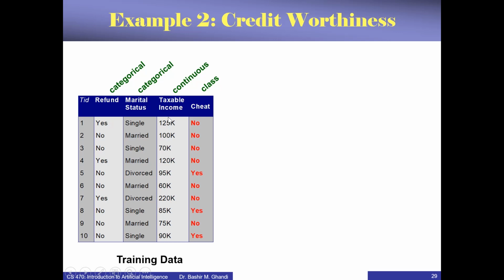So these are numeric values, as you can see. So the last attribute here is cheat, meaning this customer, is he a cheat or not? So no, if he is not a cheat, he will actually return the loan, or yes, if he is a cheat. So this is the training data.